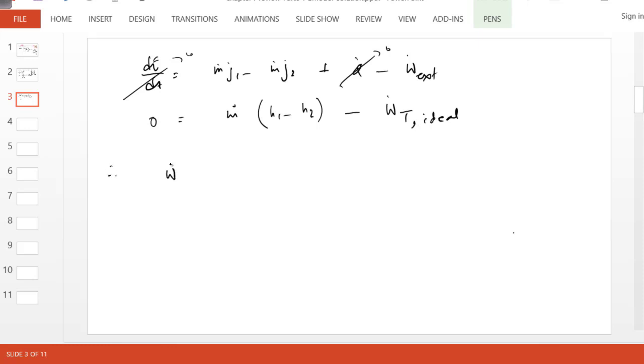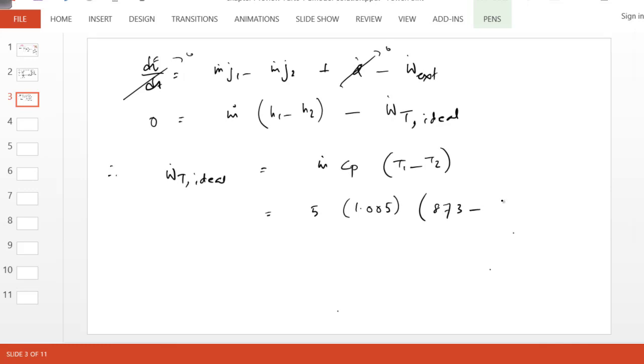So W dot t ideal, and if we use the formula for h1 minus h2, and T1 was 873 and T2 was 370.